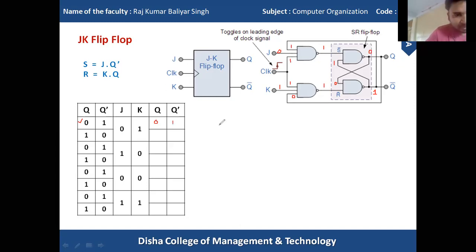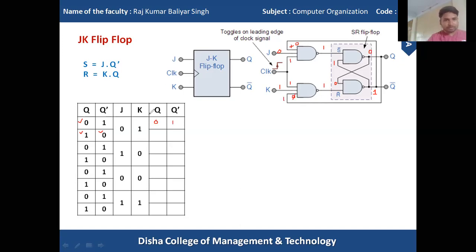Then see what will happen when q is taken as 1 and q naught is taken as 0. So here, instead of writing 1, I make it 0, and instead of writing 0, I make it 1. Why am I making this 1?